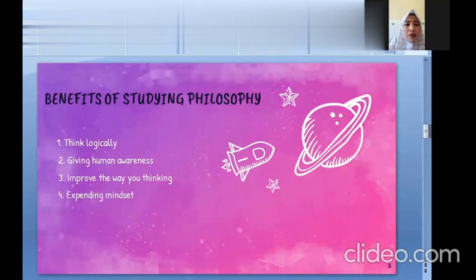Okay, we come to the benefits of studying philosophy. There are 4 benefits of studying philosophy. The first one is thinking logically. We always think logically and intelligently after we study philosophy.